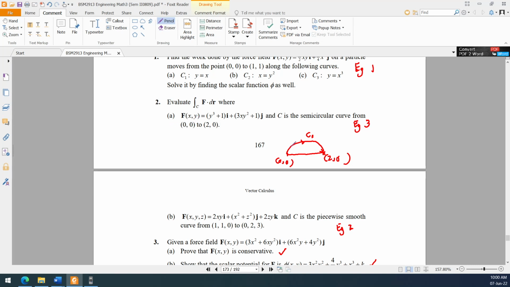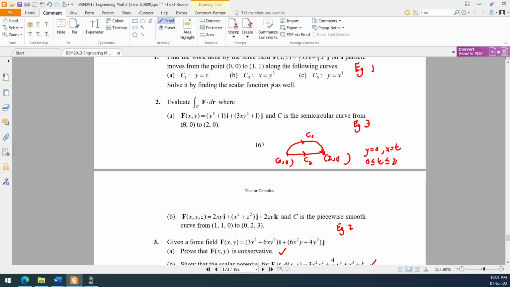And we face a little bit of difficulty finding the parametric equation along curve C1. Then we can use curve C2. The equation is easy because y equals 0, x equals t, with t from 0 to 2. C1 is a little more difficult, but you can also do it.